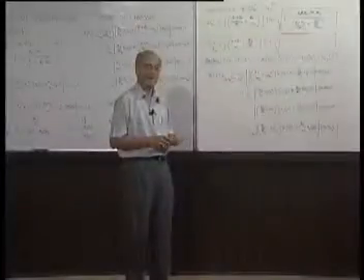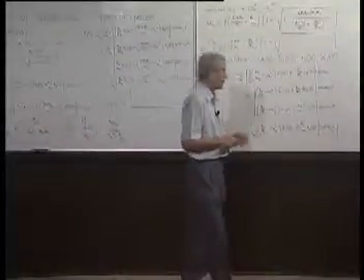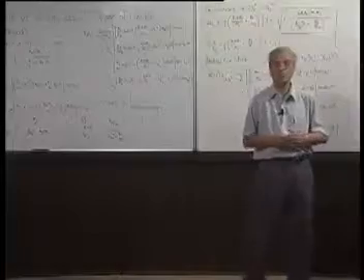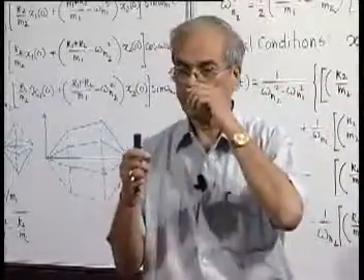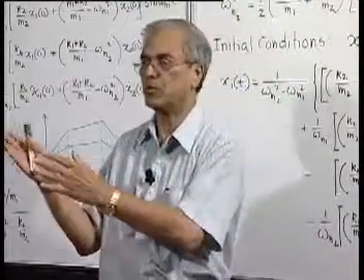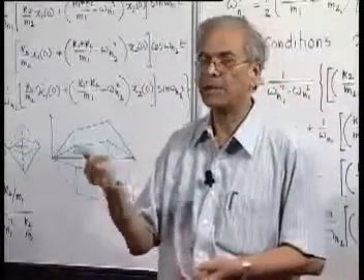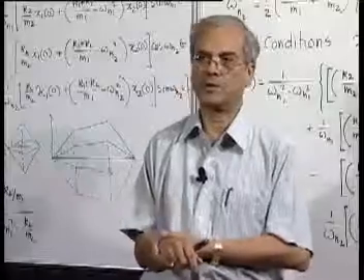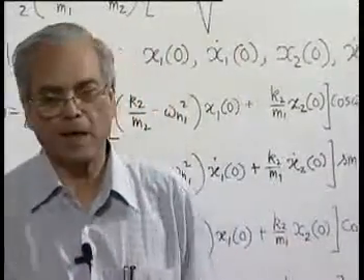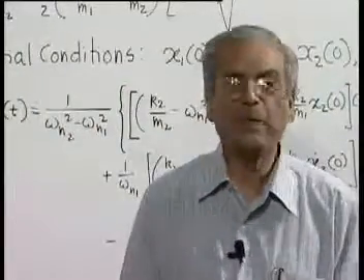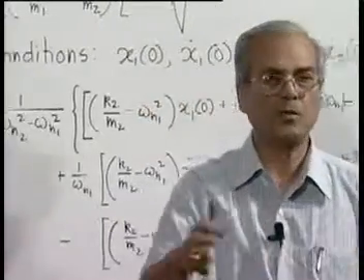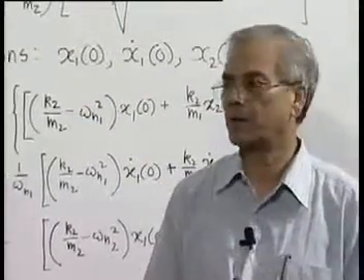So since a general oscillation can be expressed in terms of the simple harmonic natural mode oscillations, we will investigate only natural mode oscillations. And again, as we have done in case of single degree freedom system, our primary objective will be to find out the natural frequencies, and one extra thing in such cases, we have to also find out the mode shapes.